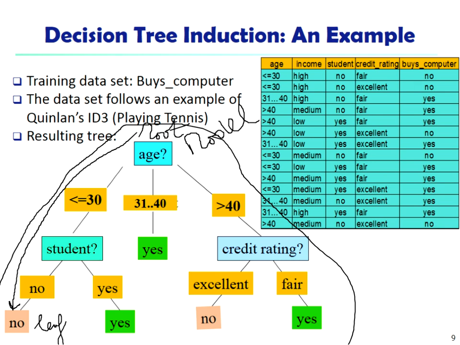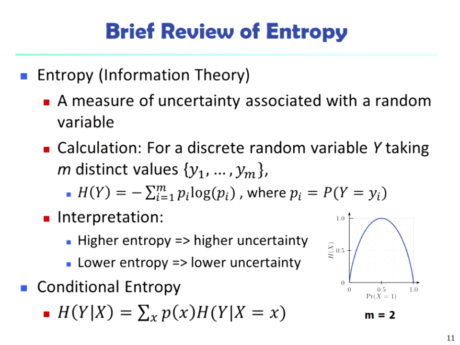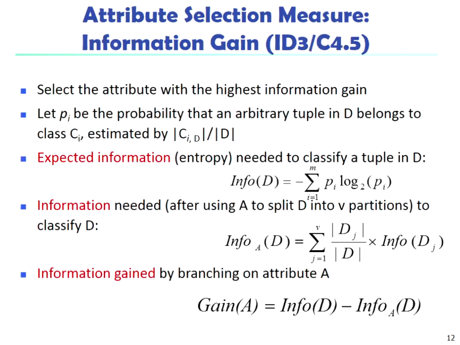So why do we begin with age in this decision tree? Why don't we use income or student or credit rating as the first test? Why do we use age as the first test here? And why do we use student here? Based on what? We will select age or income or student or credit rating, the best one.